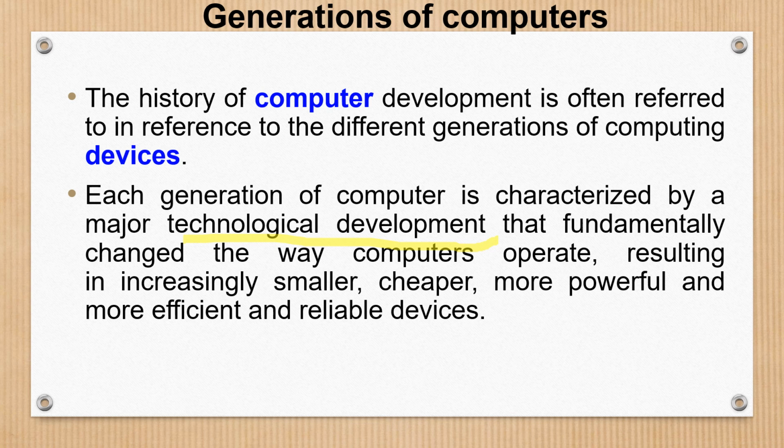So the evolution started from very big size to very small size, and from very low speeds towards very high speed, and they started storing data on punch cards. Now we are using the concept of network storage.